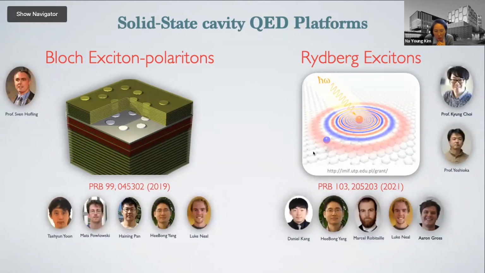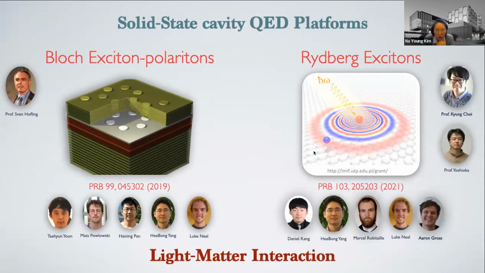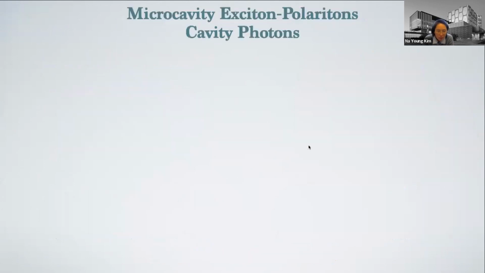This project was done with internal and, again, external collaborators. Ultimately, what cavity QED means is to control light-matter interactions in solid-state materials, particularly for us in III-V gallium arsenide-based semiconductors.